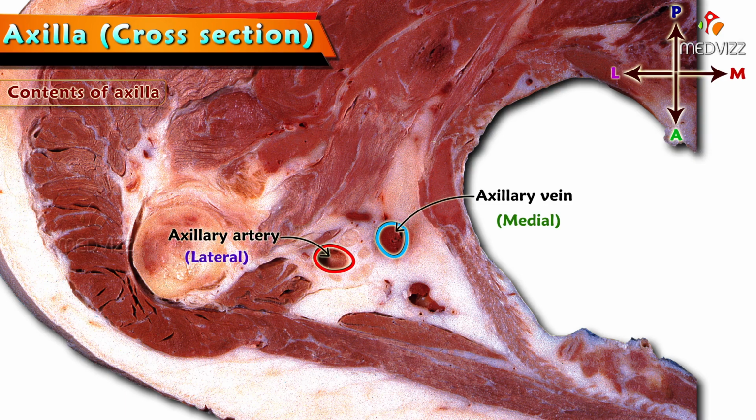Let's enlarge to observe keenly around the axillary artery. Here we can see whitish colored nerves. Surrounding the axillary artery, we can appreciate the cords or branches of the brachial plexus, which appear whitish in color. In this section, it is difficult to label the cords and branches.